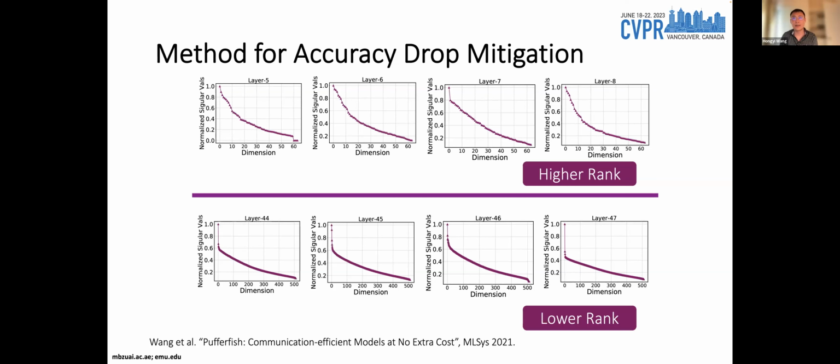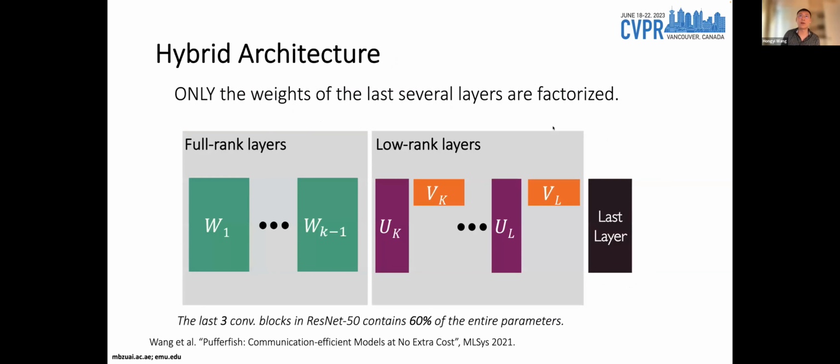So one way to go is to use a hybrid architecture: switch off the factorization for some of the layers and just factorize the layers that are more tolerant of low-rank factorization. In convolution networks, those seem to be the bottom layers, which contain higher redundancy, such that factorizing them will remove the redundancy.